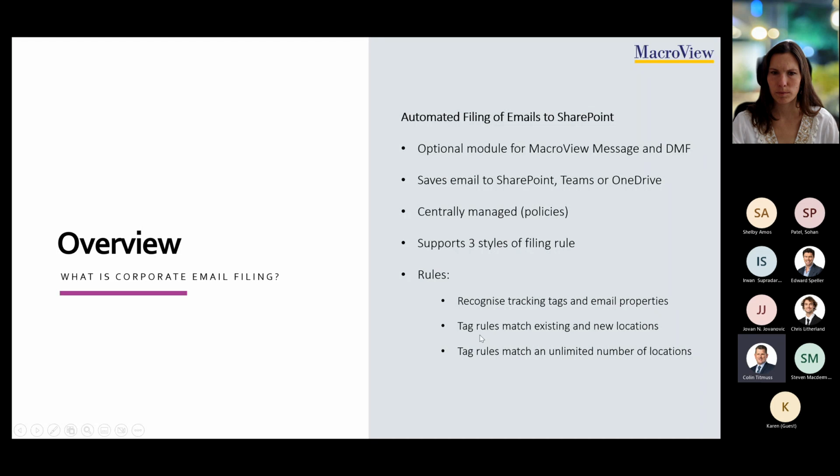The beauty of these tag rules, though, is that you don't need to write new rules when you create new locations, because these tag rules are designed to recognize a particular pattern or structure, and therefore, as you create new structure, as long as it complies to that pattern, it will immediately start to work. And for the same reason, you can get to an unlimited number of locations as well.